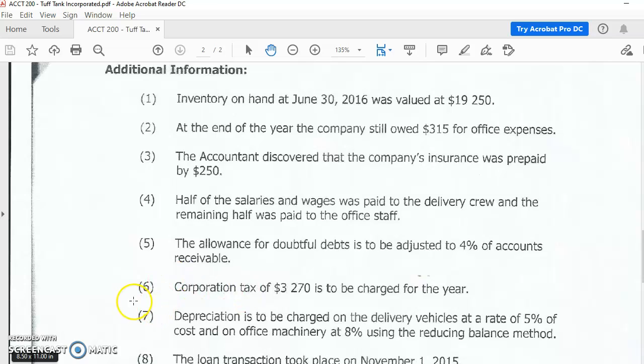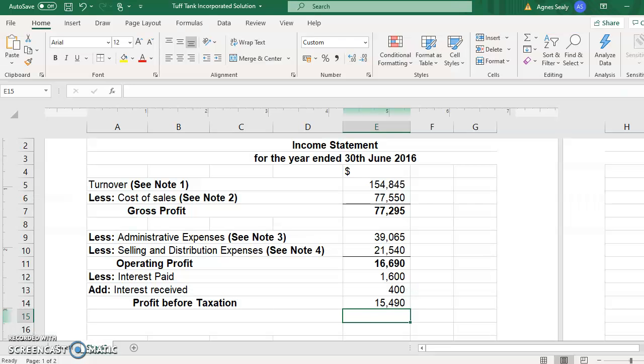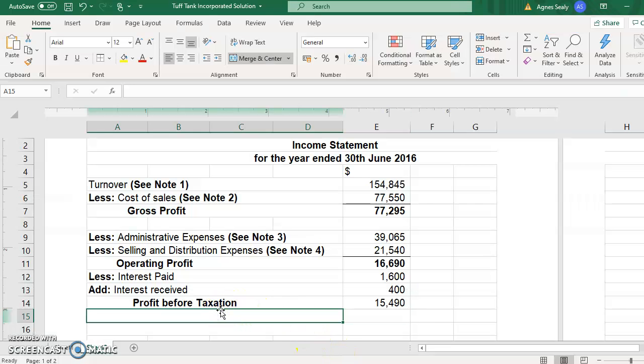However, in this question, additional information number 6 told us that corporation tax of $3,270 is to be charged for the year. So that's the tax that is supposed to be charged for the year, and this is what we will put in our income statement as our corporation tax.